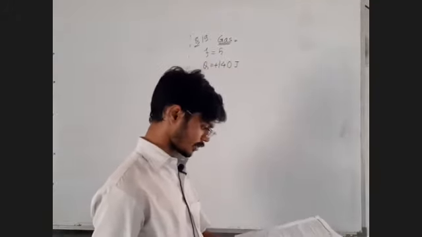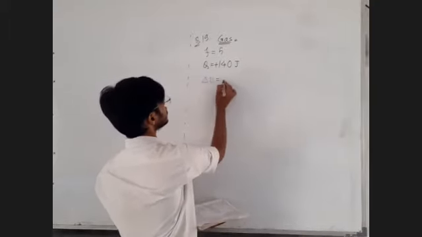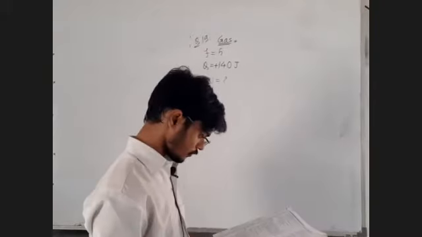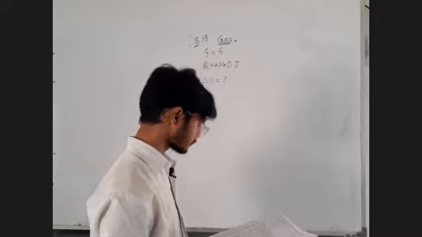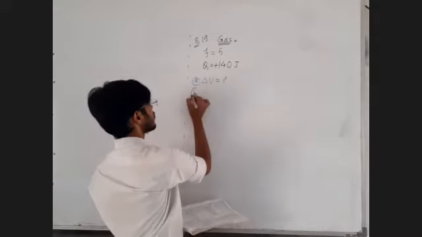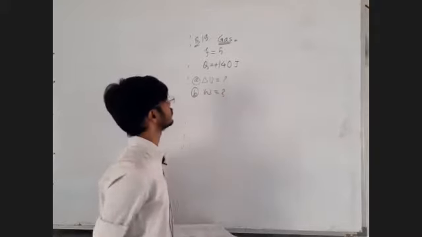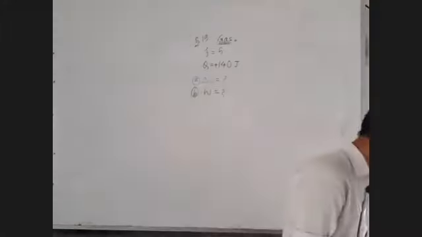Find, part A, the change in internal energy of the gas, and the work done by the gas. With this data, will we be able to find out delta U and W?